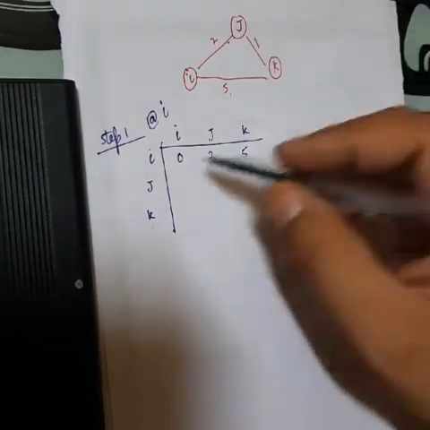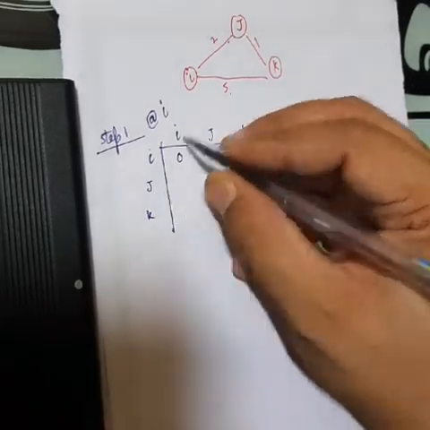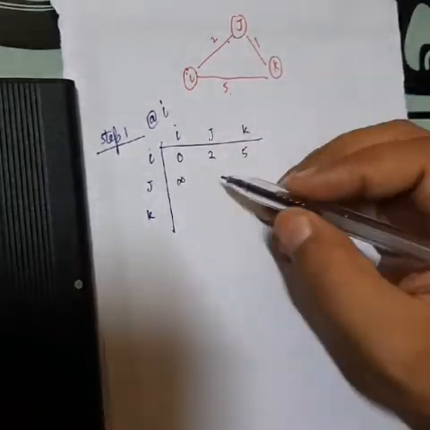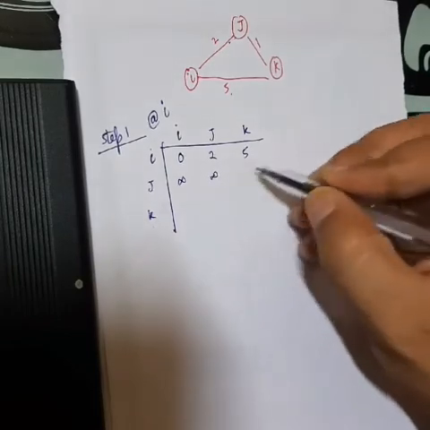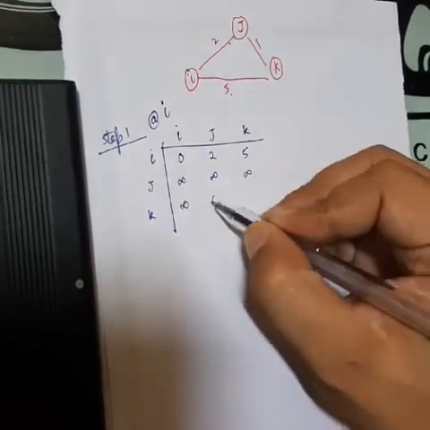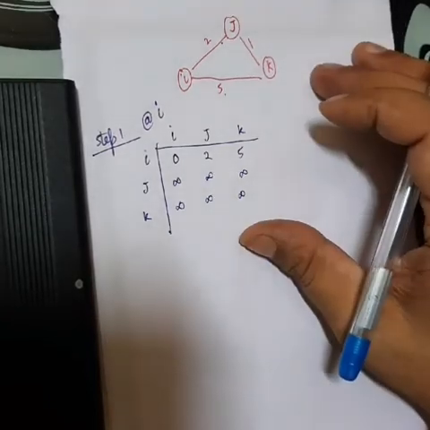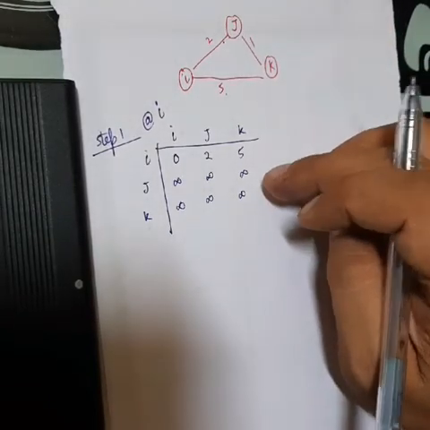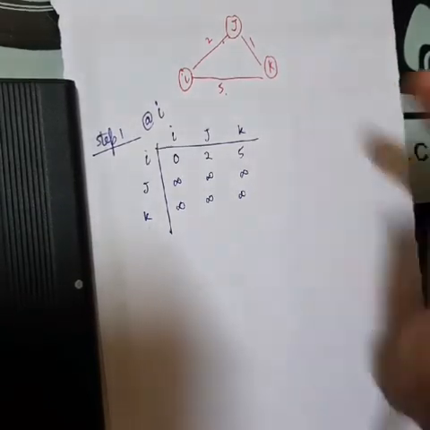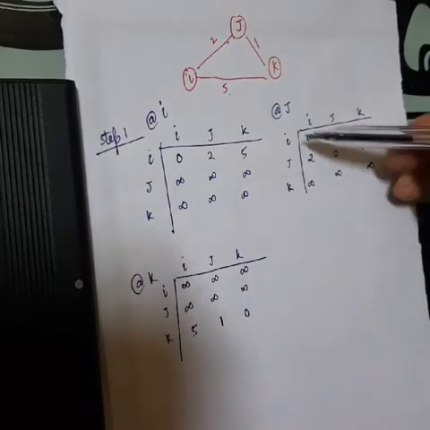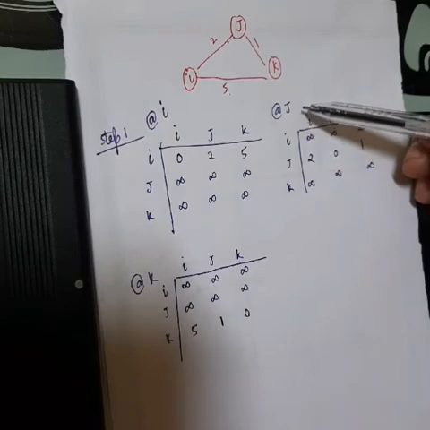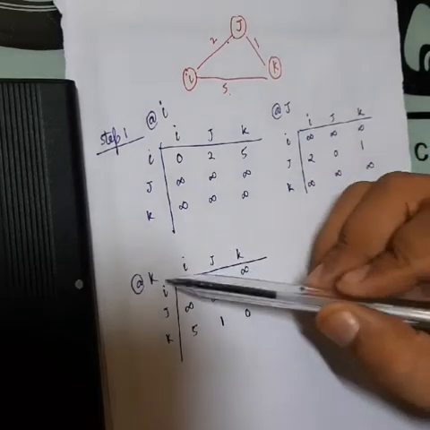So the representation of j to i is infinite, and j to j is, so all these values are represented as infinite. Similar to this process, we complete this step for all the nodes, so these are the local cost values at j and at k.